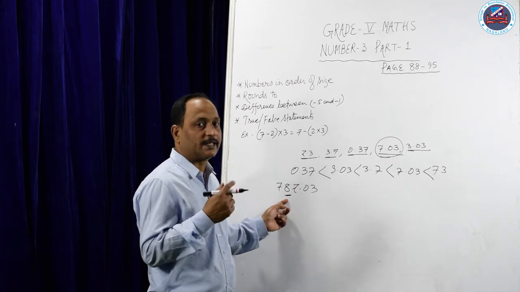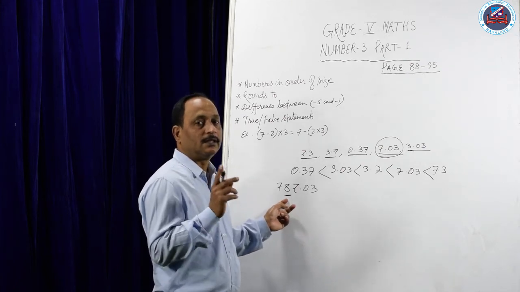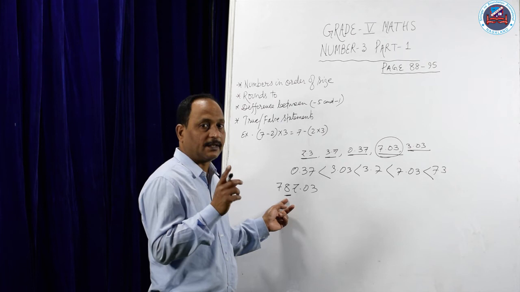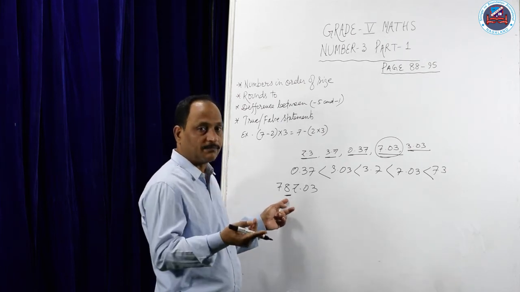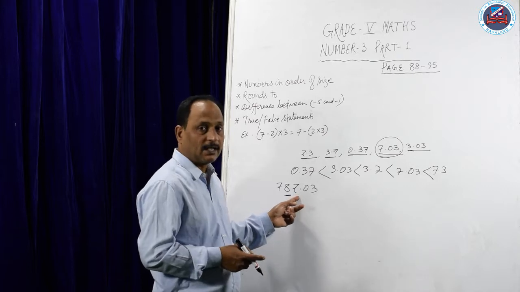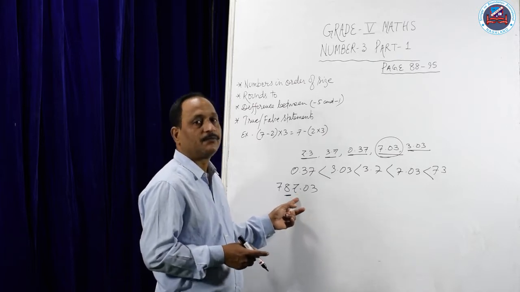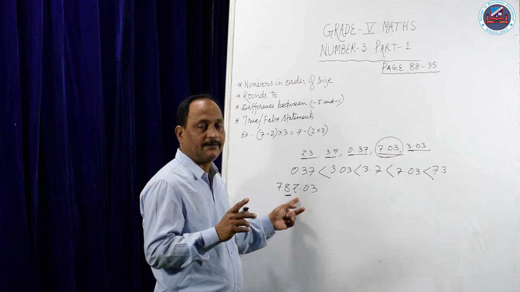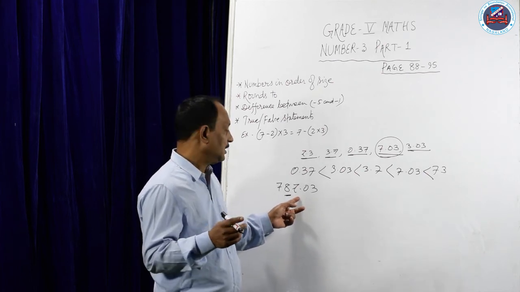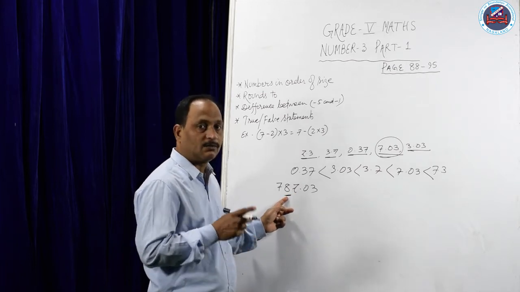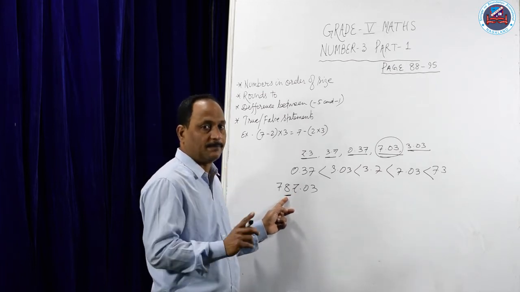As per the rule, as I explained in the previous video, we are going to see the next number. The next number is 7. If this number is less than 5, that is 0, 1, 2, 3, 4, then the tens digit will not change and will remain the same.